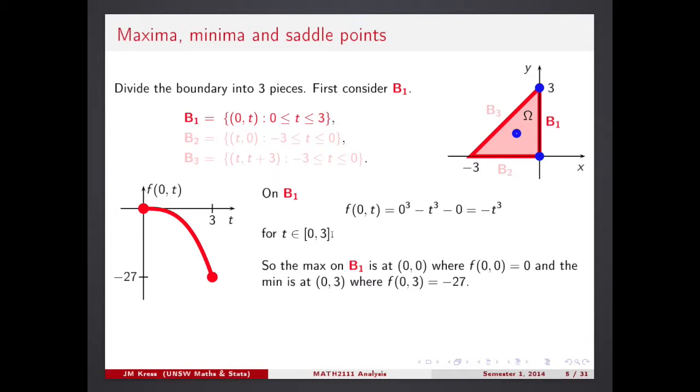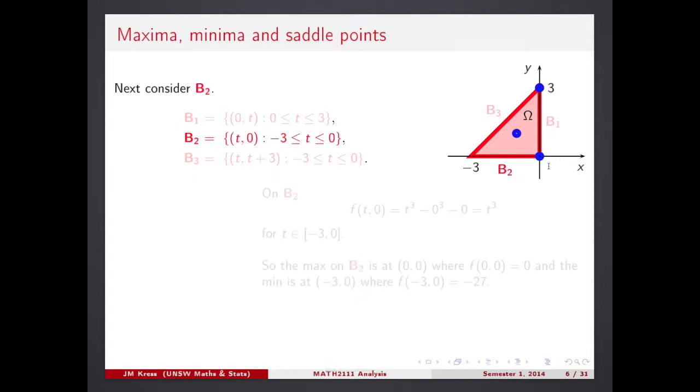When you project them back onto the boundary of your original omega via this parametrization, you end up with 2 points on the boundary, (0, 3) and (0, 0). Your function values at those points are 0 and -27. So it's another 2 candidates, which came from this piece of the boundary, B1. You repeat this for every piece of the boundary. This is the analysis for the second piece of the boundary.